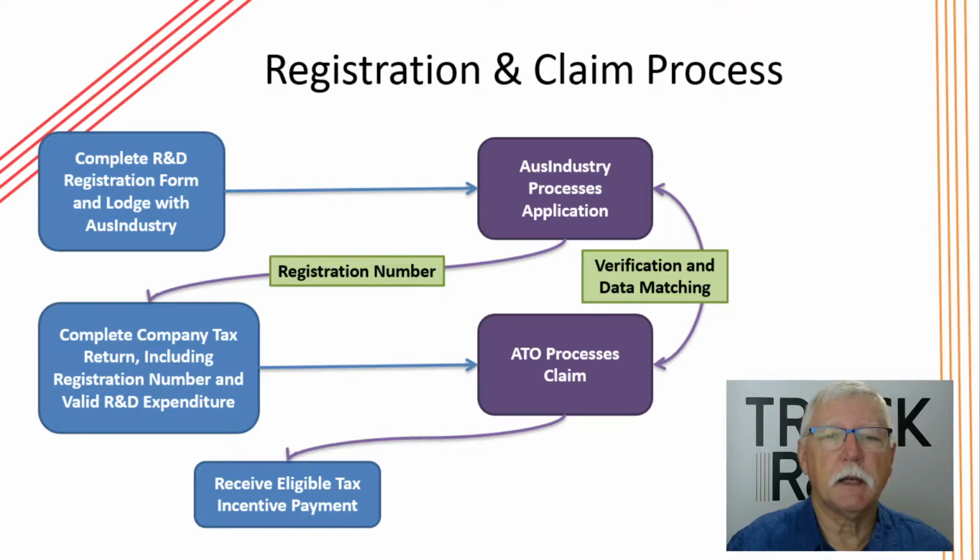There is some level of data validation between AusIndustry and the ATO to ensure that the information provided is consistent. All things being well, the ATO will then send to you your eligible tax incentive payment.